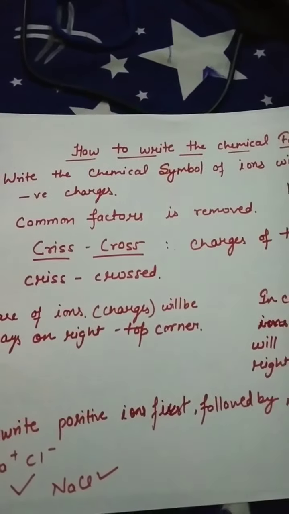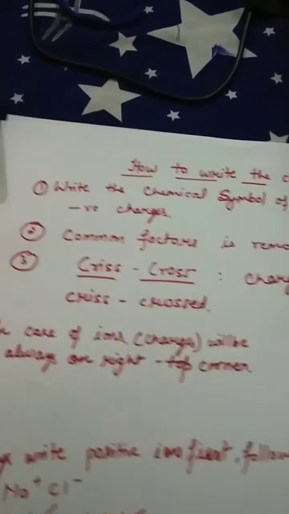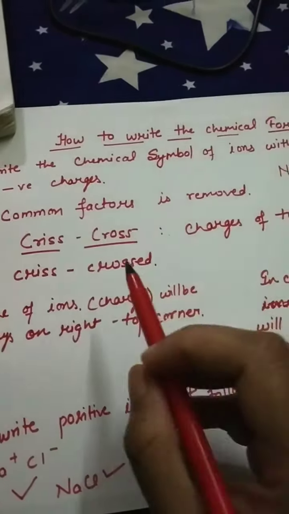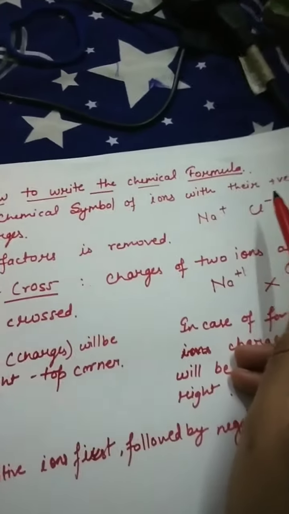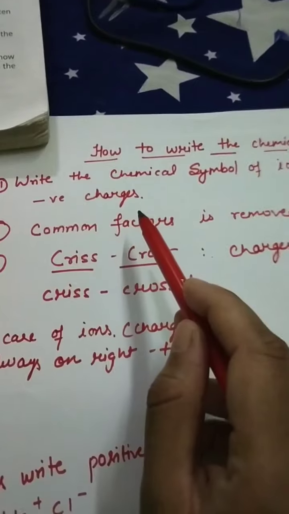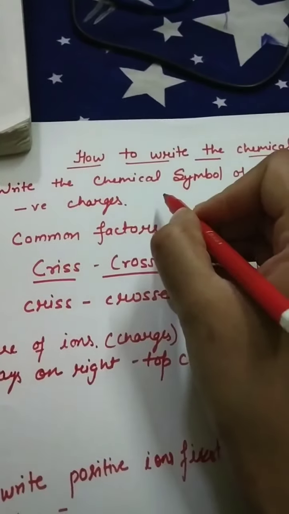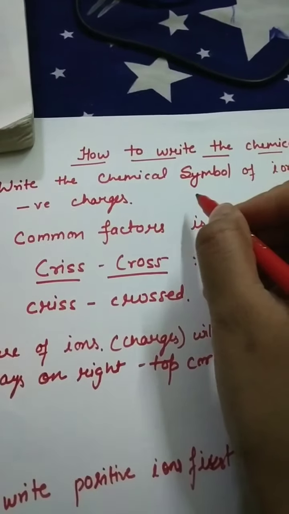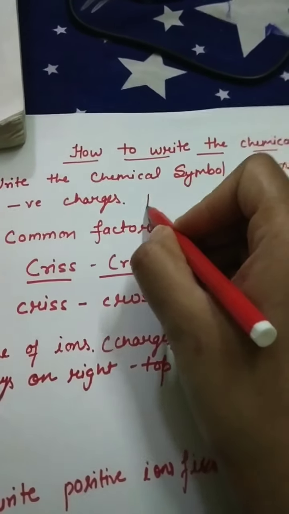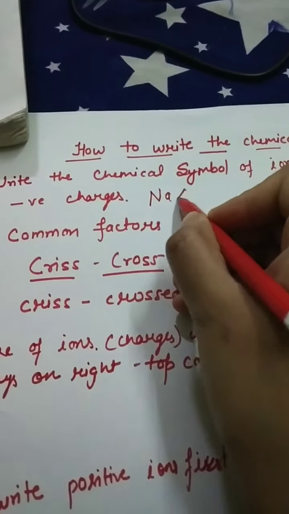For writing the chemical formula, one thing is very necessary: always write the chemical symbols of ions with their positive and negative charges. If I am writing sodium, when I write the chemical formula, I will not write only Na. That will be wrong.